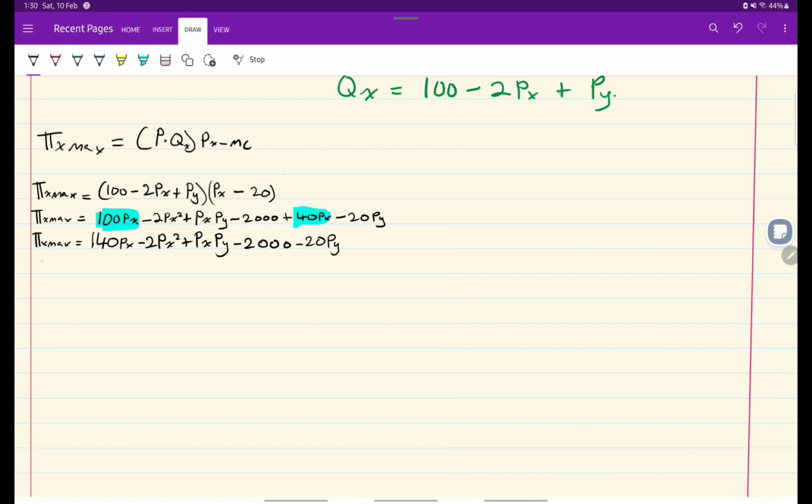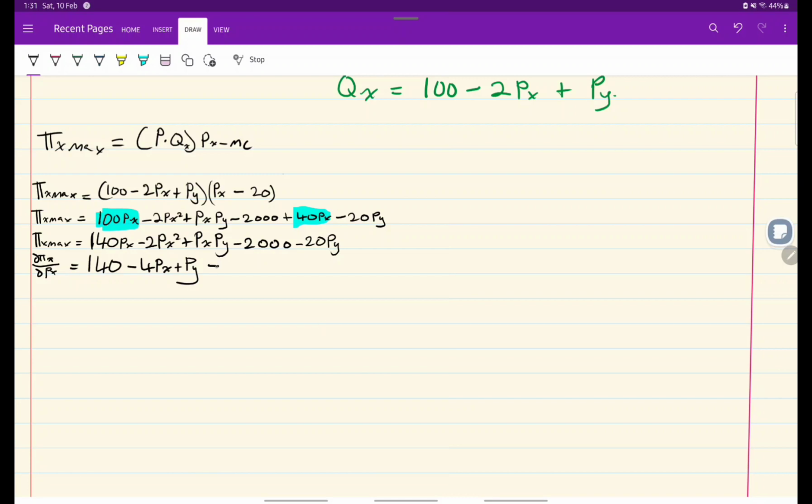Then you're going to take the partial derivative with respect to Px. So for Px you have 140 minus 4 Px plus Py is the partial derivative. So Px disappears, and these two are not in terms of Px, so they are not there.